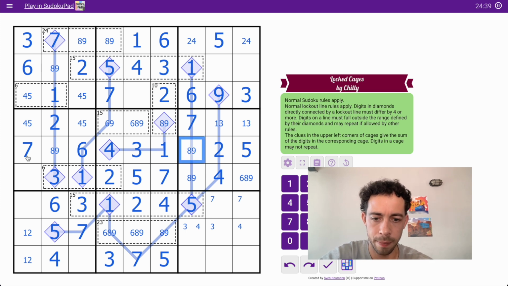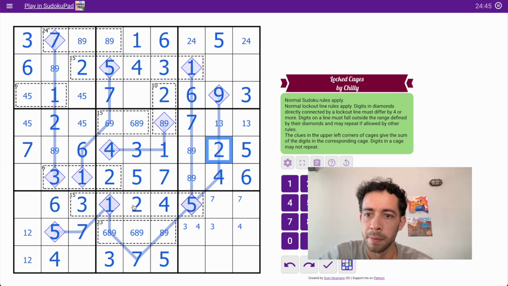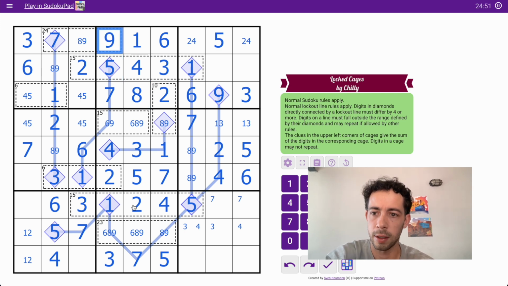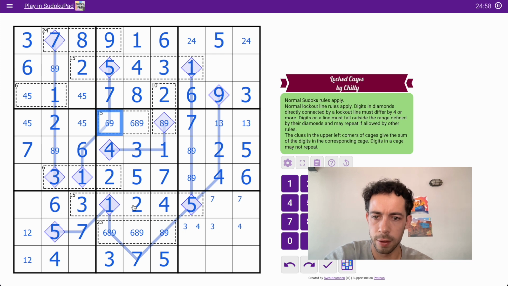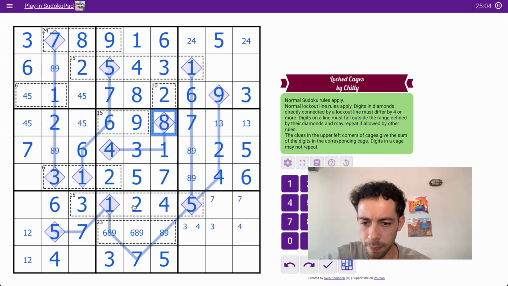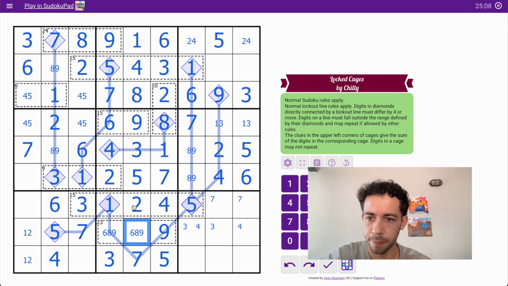That's our 8, 9. That's going to be the 6. That's 8, 9. Oh, no, that is 8. That is 9. That is 8. That is 6. That is an 8, 9. That's 9. That's 8. That's 9.